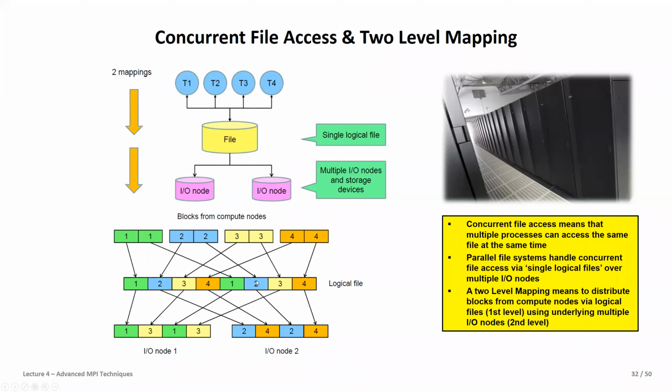So when you think about how this is stored, you see here the blocks from the compute nodes, and you push this to some logical files, and it will end up in some form of an IO node where it's stored on disk.